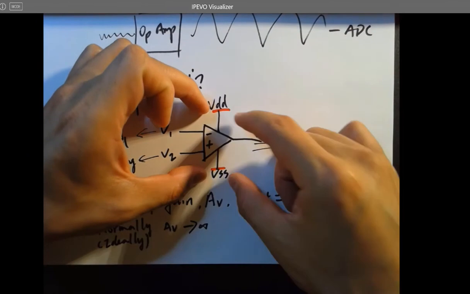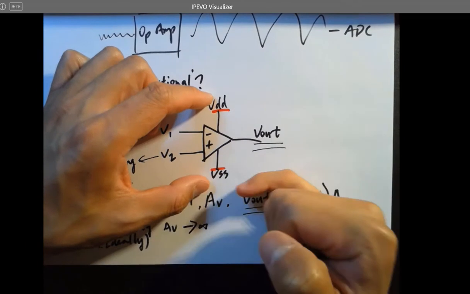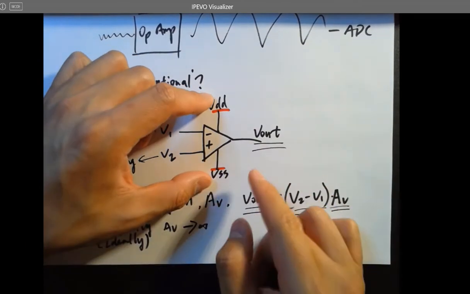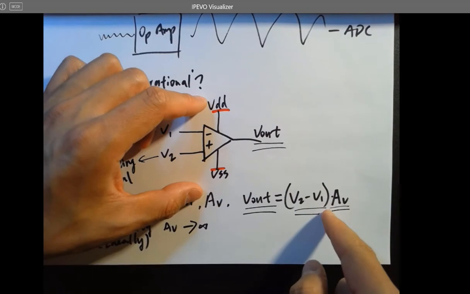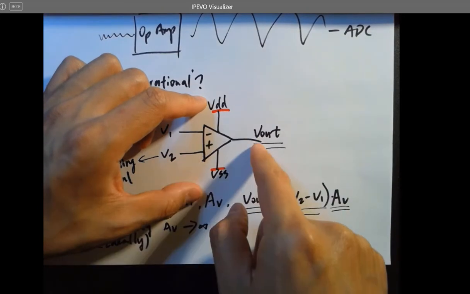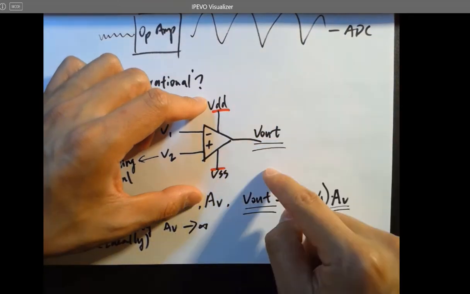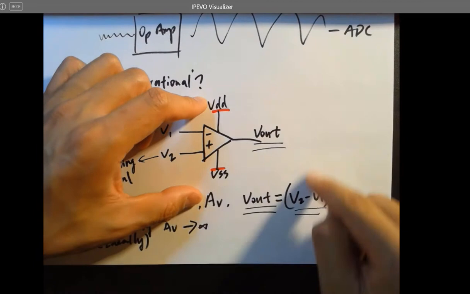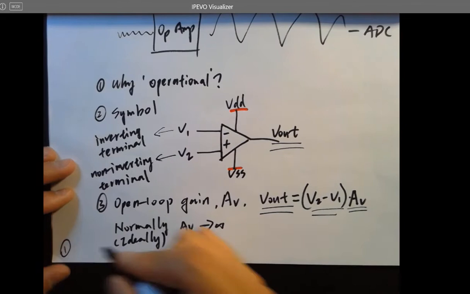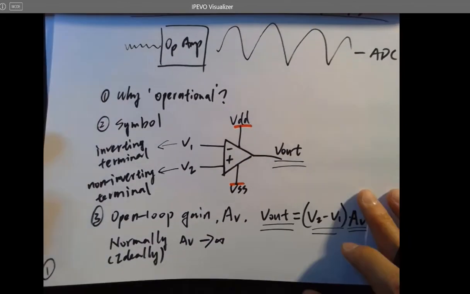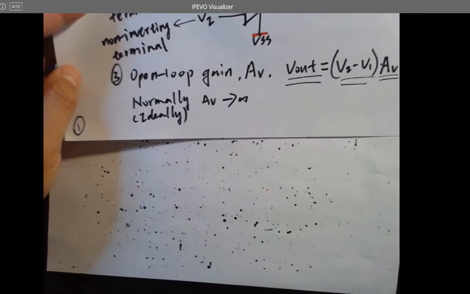Nothing can go beyond the top rail and bottom rail, right? Whenever there's a tiny difference between the two terminals, it's going to saturate the output. It will be saturated at either VDD or VSS, so you are having a digital signal output. We're going to give you some examples regarding that later on, but I just wanted to let you know at the very beginning so you know what's going on here.